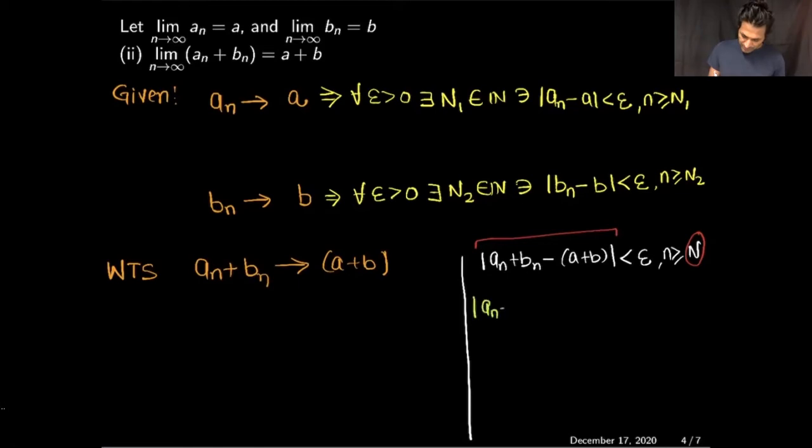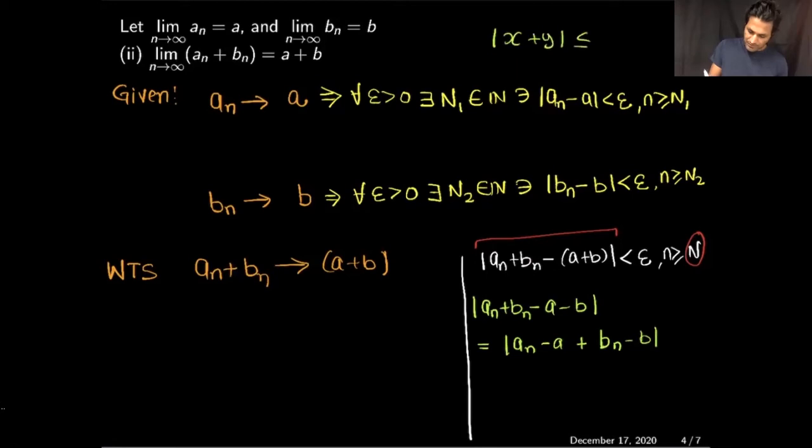So an plus bn minus a minus b can also be written as an minus a plus bn minus b. And we know the triangle inequality: if you have two real numbers x and y, the absolute value of x plus y is less than or equal to the absolute value of x plus the absolute value of y. So this is less than or equal to the absolute value of an minus a plus the absolute value of bn minus b.